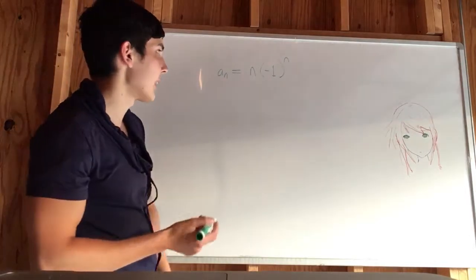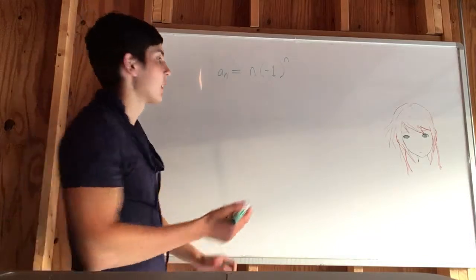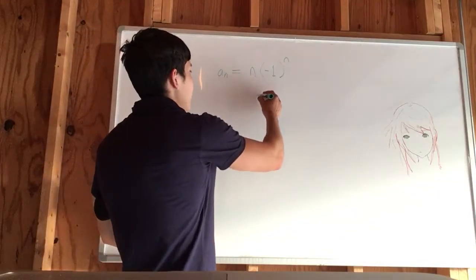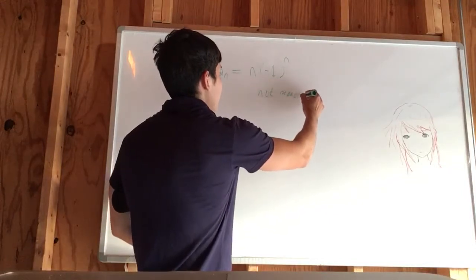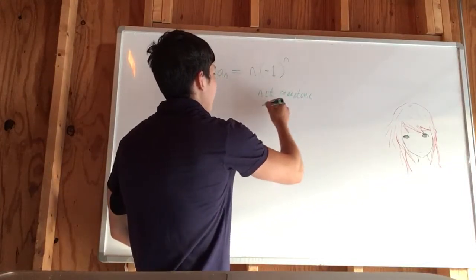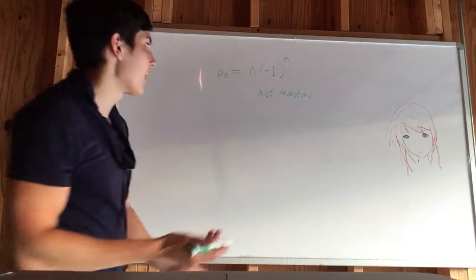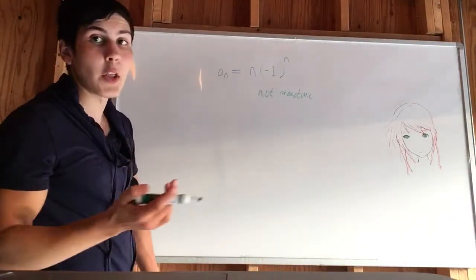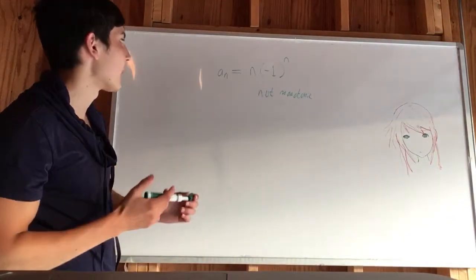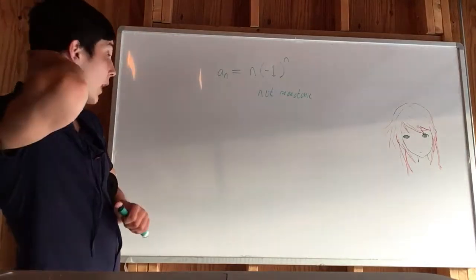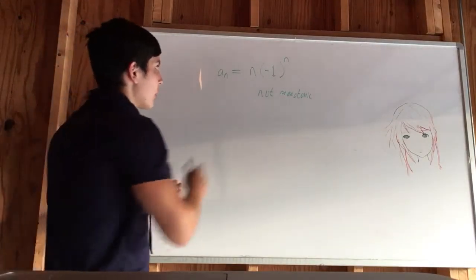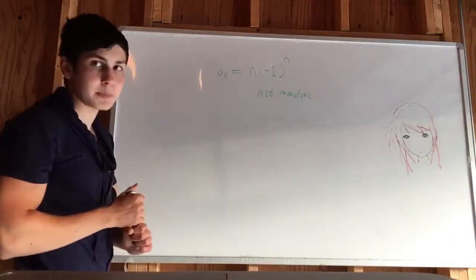So this is definitely not monotonic, because it's alternating. I mean, what other proof would they need, right? I'm pretty sure you could just write that down, not monotonic, and show like the first few terms.